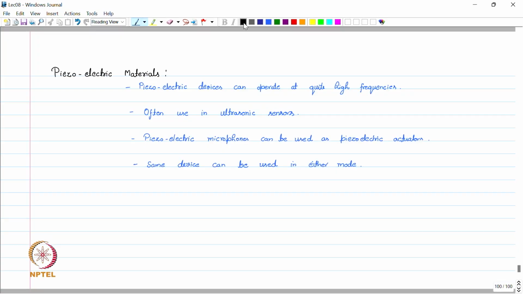So, the common materials used for acoustic sensors are, the first one, quartz, or silicon oxide.